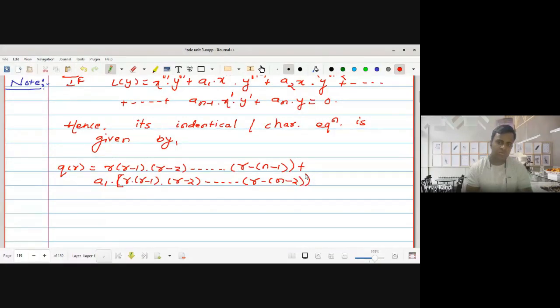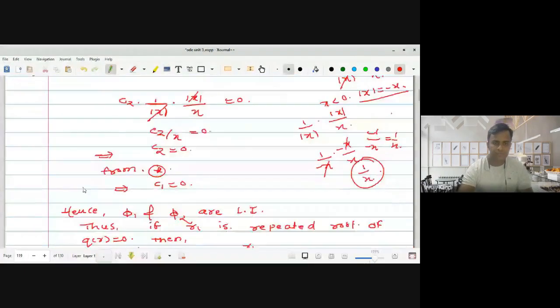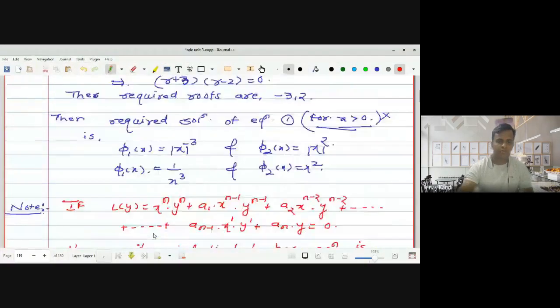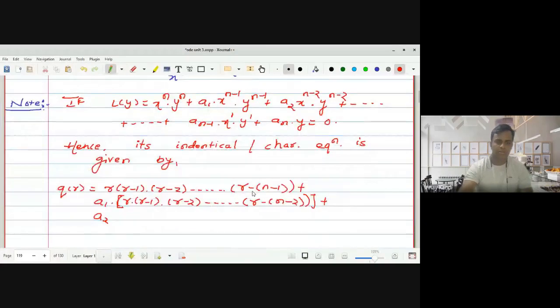Okay, is it correct? करेक्ट आहे काय प्लस a टू इंटू इथे पहा, सेकंड ऑर्डर असताना काय येत होता इथे जेव्हा सेकंड ऑर्डर हे होता डेरिव्हेटिव्ह इथे काय येत होता आर मायनस 1, येत होता ओके. जर इथं n असेल तर इथे किती येईल मग n मायनस 1 येईल ना ओके. That's why here taken n minus 1, r minus nth minus 1, okay, plus a1 into r minus 1 into r minus 2 up to so on r minus n minus 2.